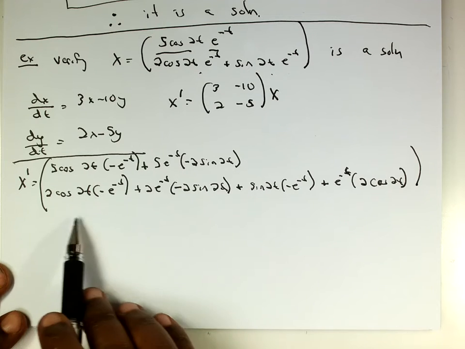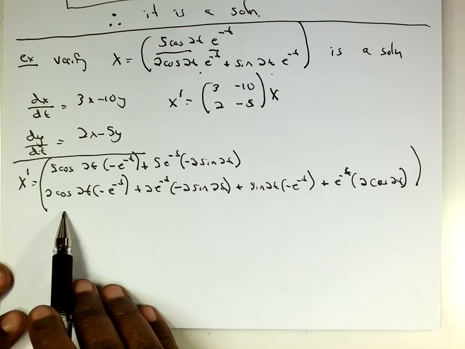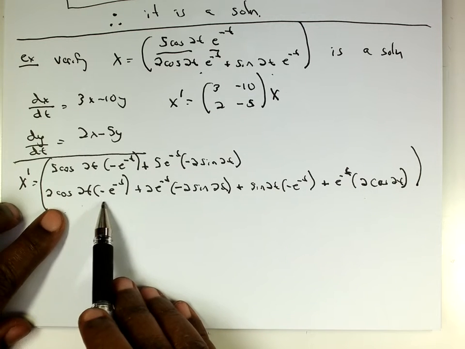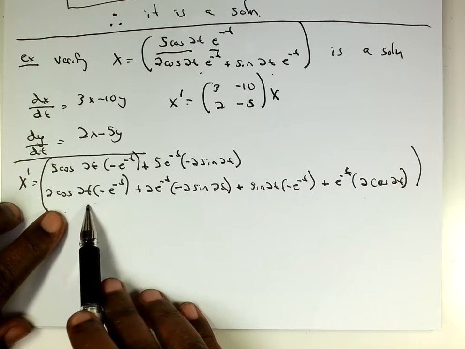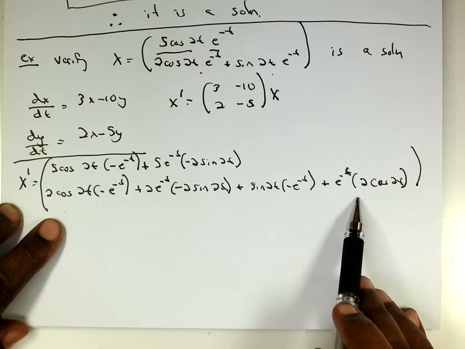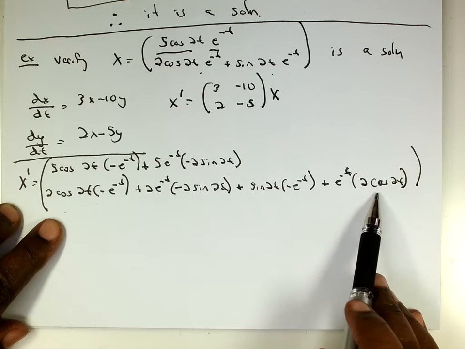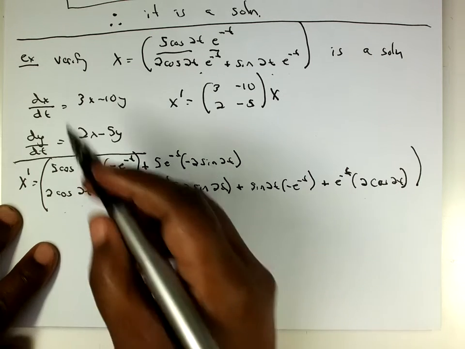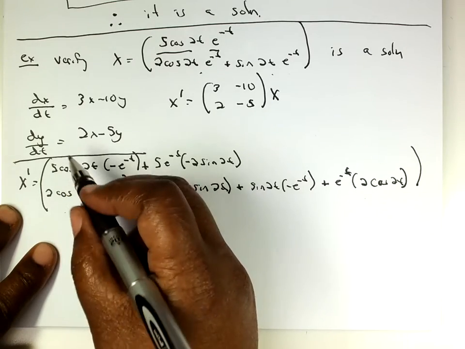So what can we pull together? I have this negative 2 cosine 2t e to the negative t, and then I have positive cosine 2t 2 times e to the negative t, so those two are going to cancel each other out.